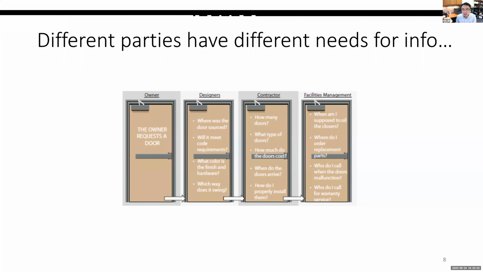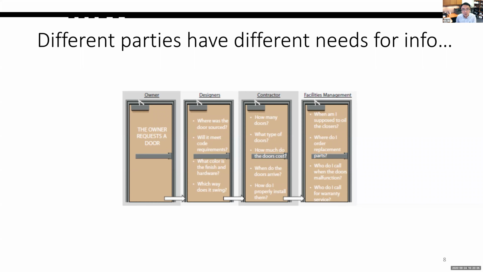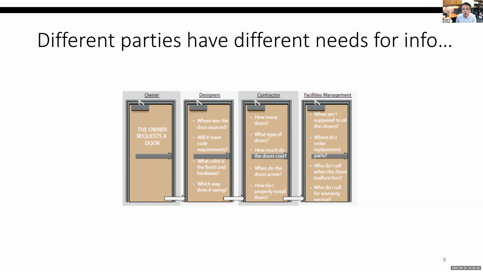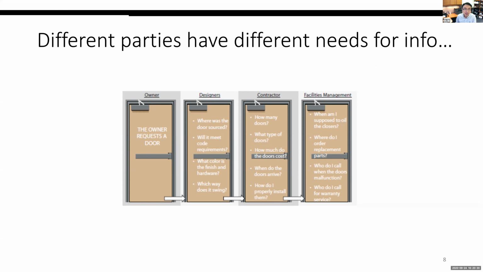For facility management, that would be how frequently I should oil the door, the closers, and where do I order the replacement. So just think about the diversity of information needed for just a single object inside a design. And because of that, BIM develops a very complex hierarchical structure to store all the information. We covered that last week.